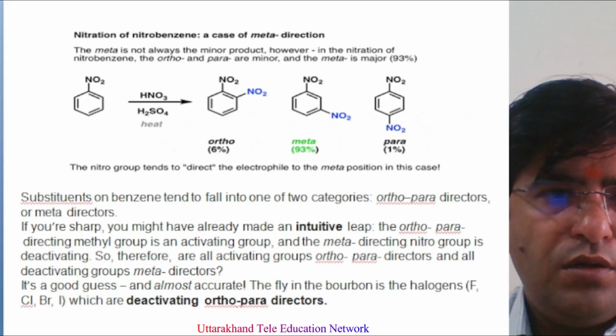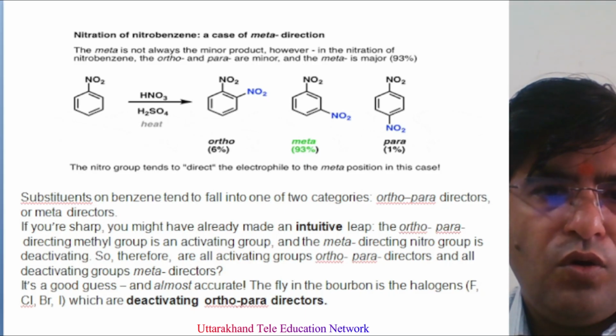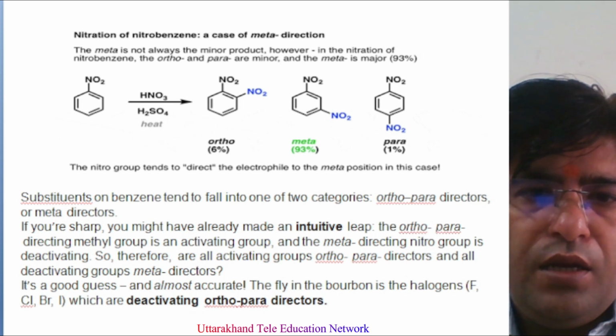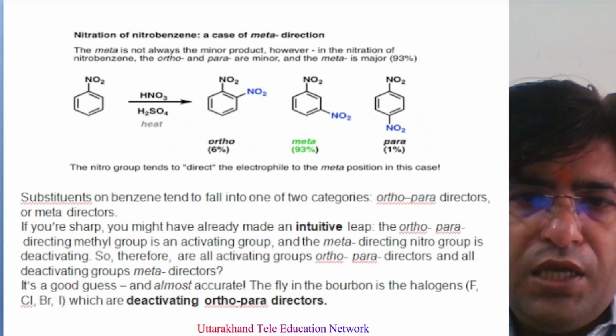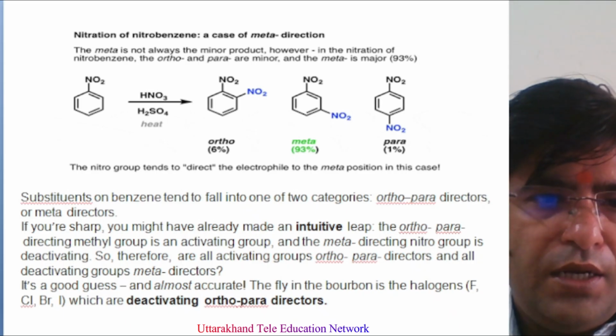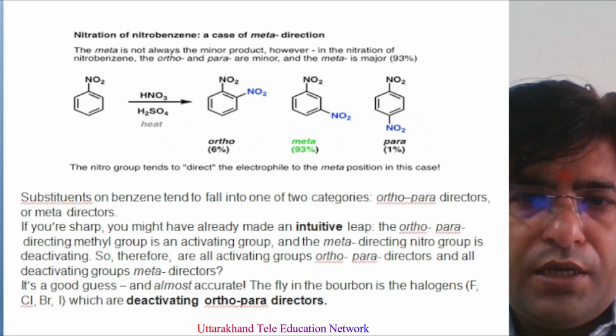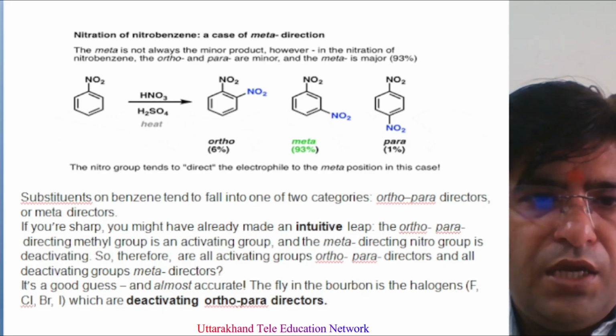The substituents on benzene tend to fall into one of two categories: ortho para director or meta director. If you are sharp, you might have already made an intuitive leap. The ortho para directing methyl group is an activating group, and the meta directing nitro group is a deactivating group.